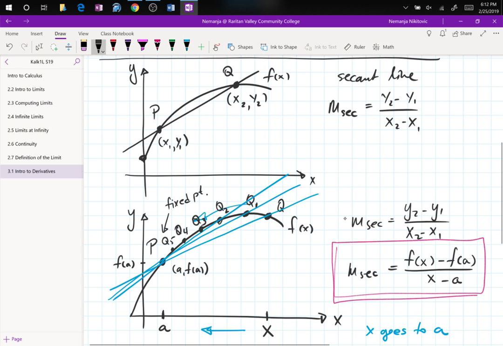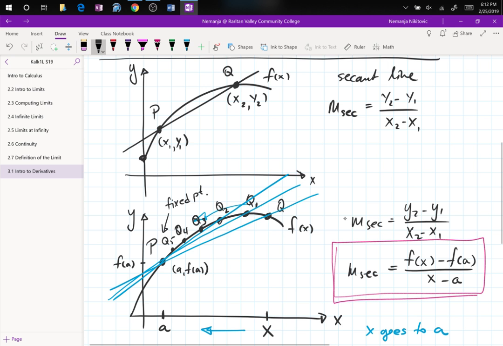So I fix them, because instead of using x1, y1, and x2, my points are labeled as a, f of a, and x, f of x. Instead of using y1 and x1, I'm just using what they're supposed to be: a, f of a, and x, f of x. And there it is.